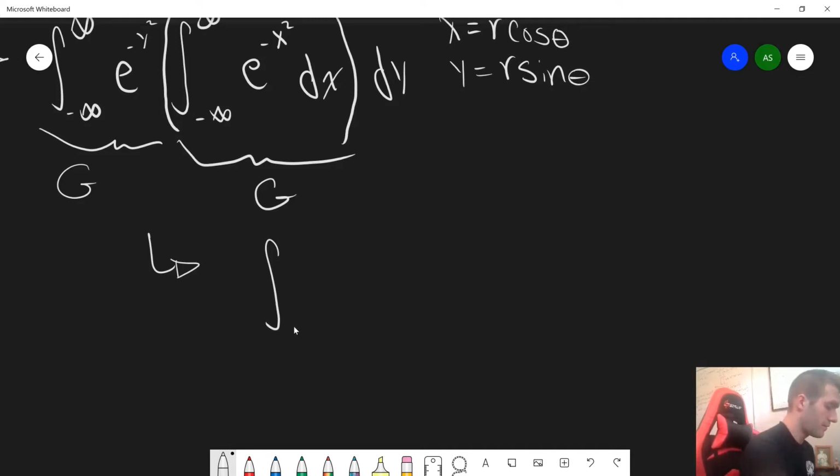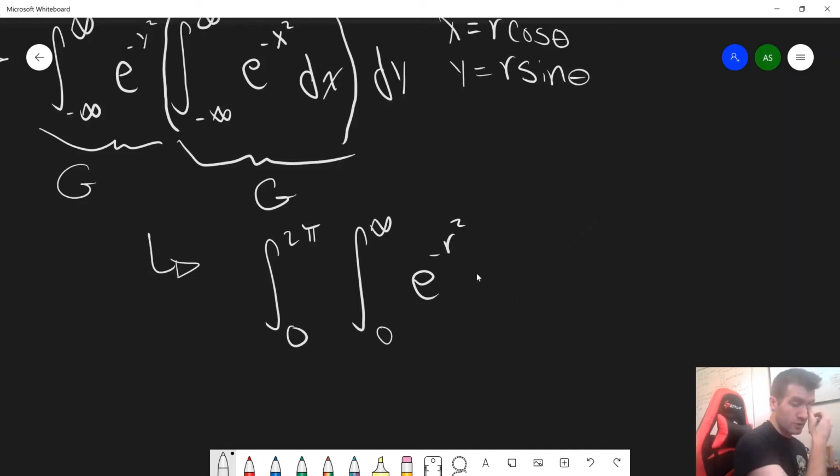So this is going to be from 0 to 2 pi. And our inner integral is going to be our r variable, which is just going to extend from 0 to infinity. Where we now have e to the negative r squared.